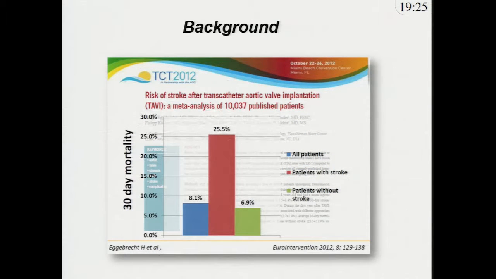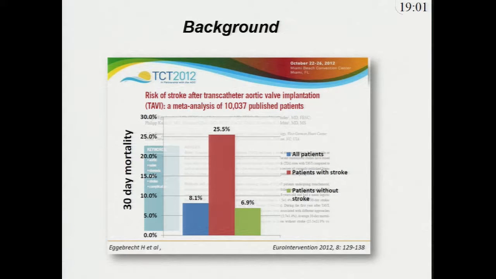These data are showing a meta-analysis. More than 10,000 patients have been combined and collected for this study, and you can see the results with regard to mortality. The green column, these are patients without a stroke. The blue column, these are all patients taken together.